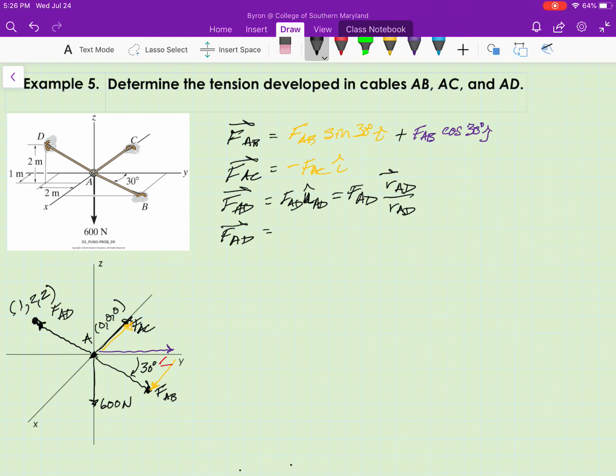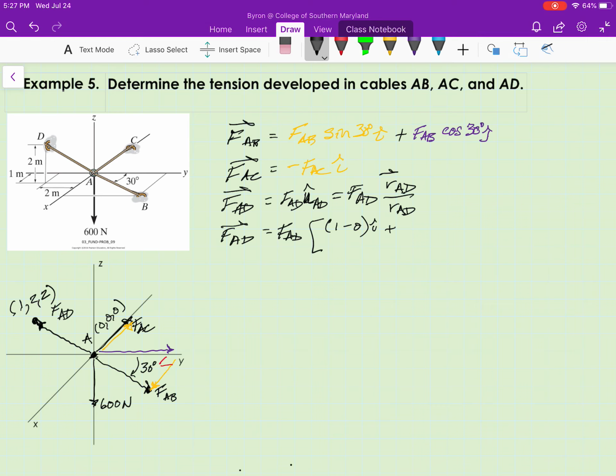So the vector FAD is equal to the magnitude of FAD. I'm going to put a big bracket here. It's equal to 1 minus 0 I. I'm calculating the position vector R from A to D, plus, and of course I missed a minus sign here, and this happens all the time. I didn't plan it.